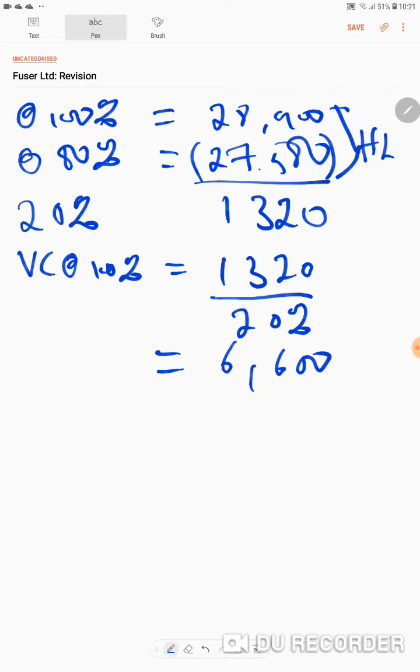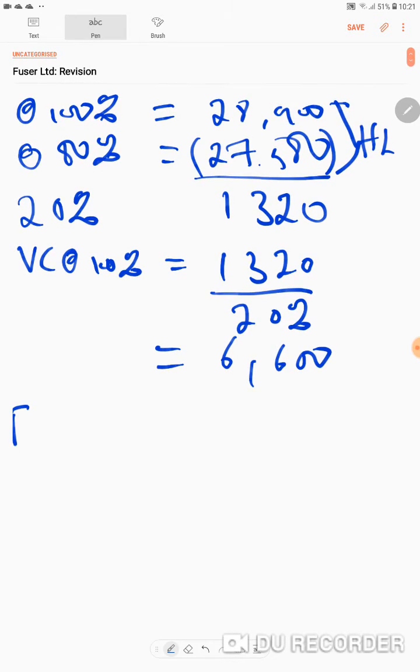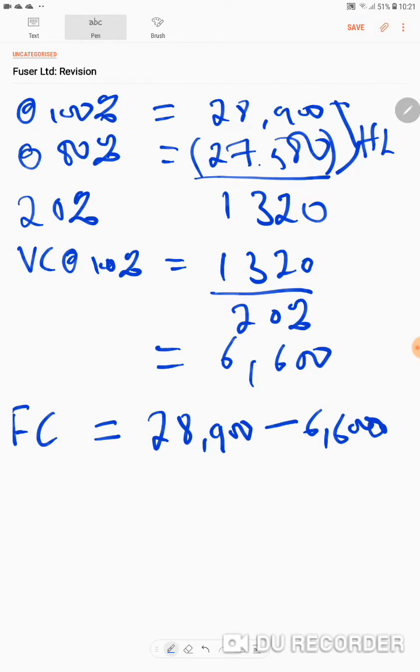So we now need to calculate the variable cost actually incurred at the capacity that we were operating at. Happy? So now looking at this, how much are our fixed costs? So our fixed costs, we are going to say at 100% capacity, 28.9 minus the 6.6 variable cost at that capacity to give us a fixed cost of 28.3.